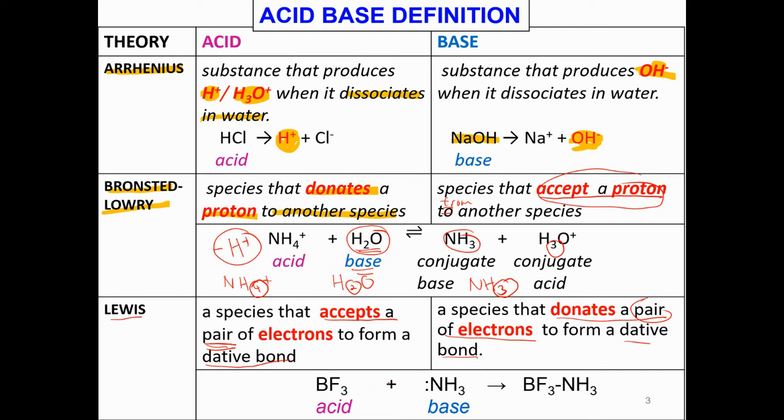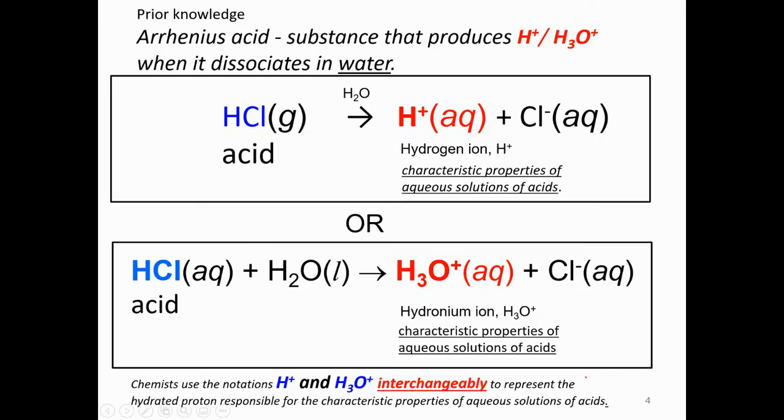So let's look at this. NH3 has 1 lone pair, so it can donate 1 pair of electrons to BF3, which has an empty orbital, to form a dative bond, which we have learned in the previous chapter.